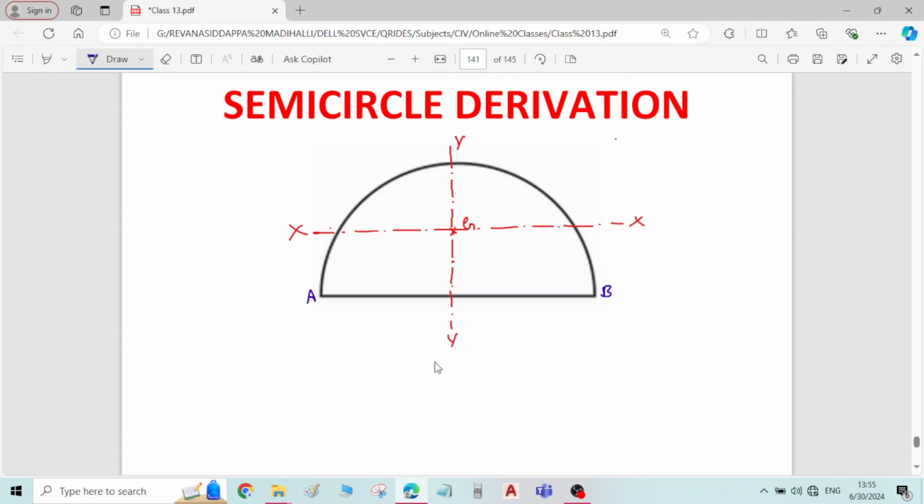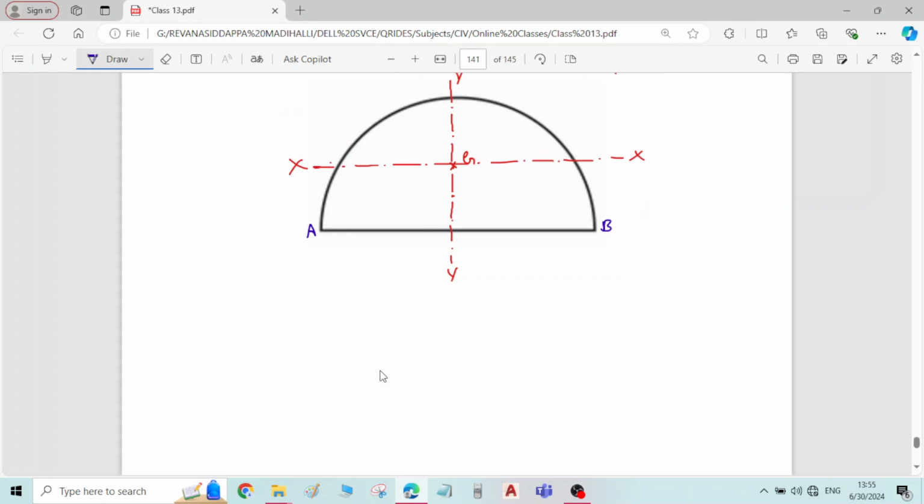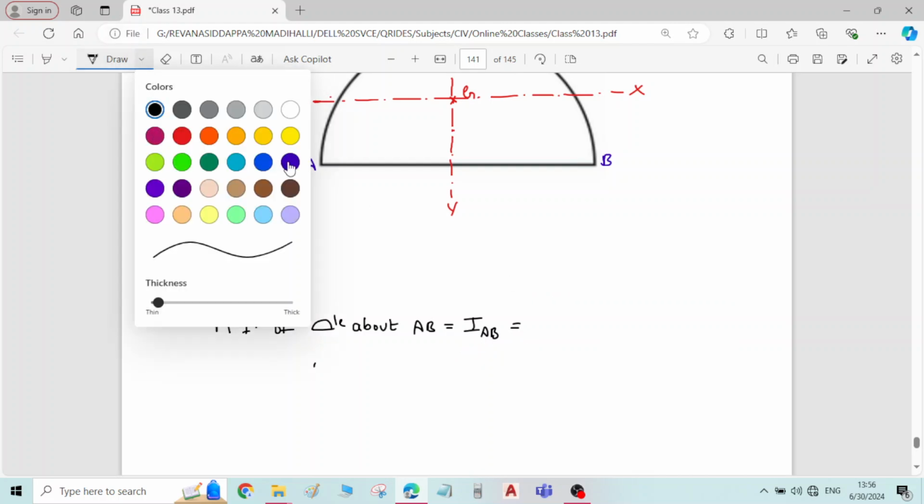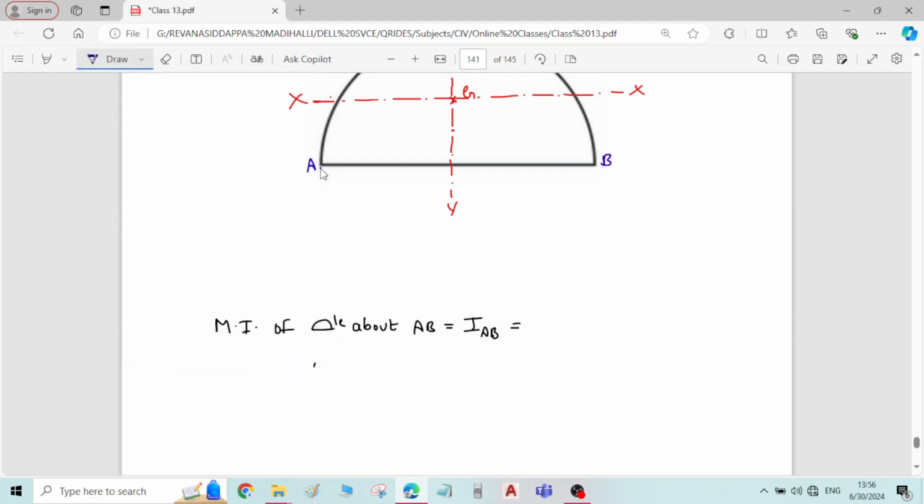Okay, now moment of inertia about the diametric axis AB will be equal to, from figure, moment of inertia of semicircle about AB, IAB, is equal to, now I will complete this semicircle.